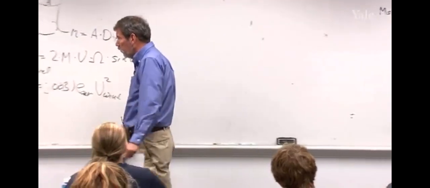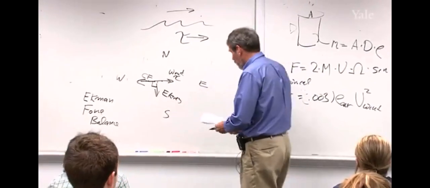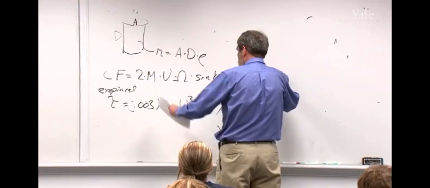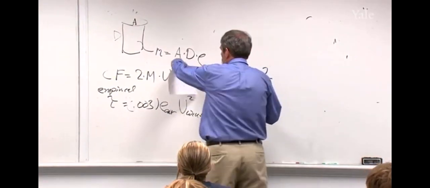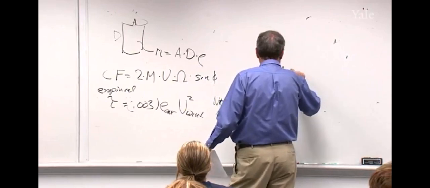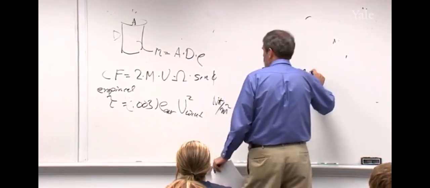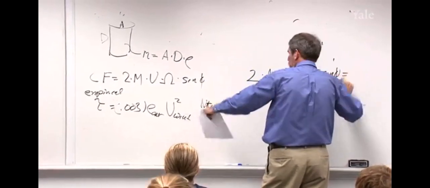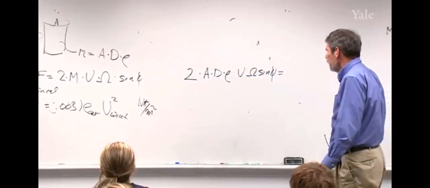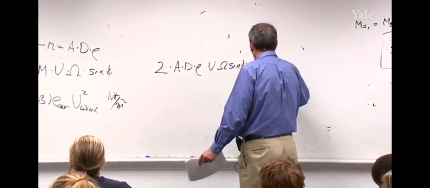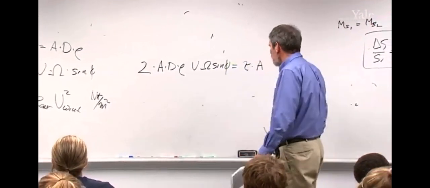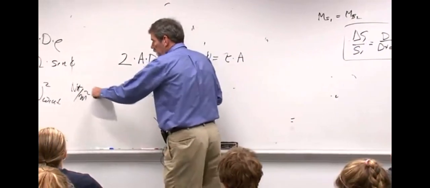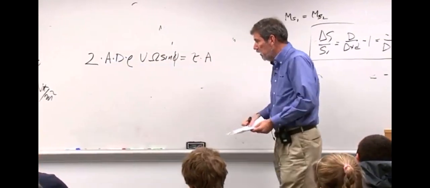I'm going to say when you've got a well-established balance of this sort, then the Coriolis force, which is 2, let me substitute this in for m, d rho, then comes u omega sine phi, must be equal to tau acting on that same area A. Since that's a force per unit area, I need to multiply it by a surface area to get it in newtons.